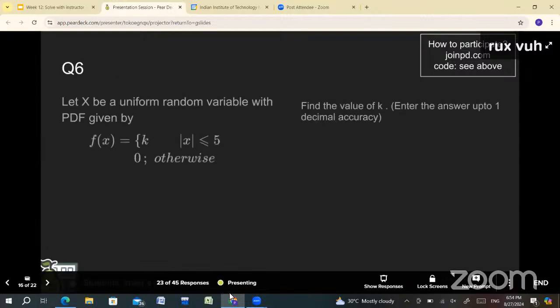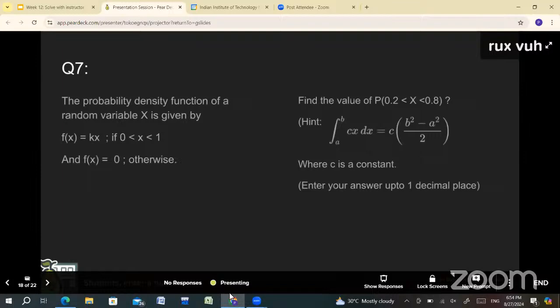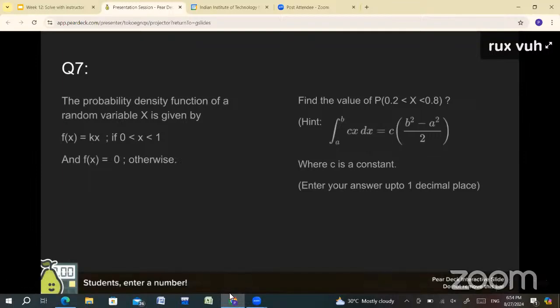So question number 6 was done, right? Now question number 7. The probability density function of a random variable x is given by fx equals kx, and the range is 0 to 1.